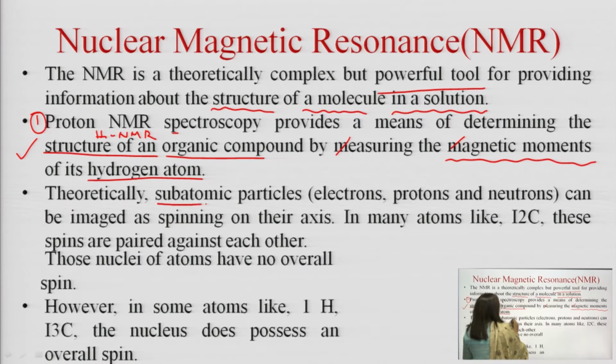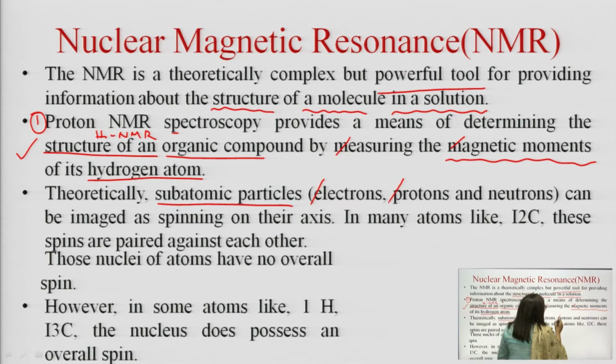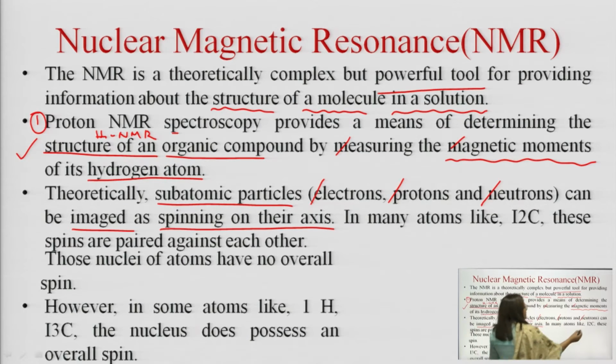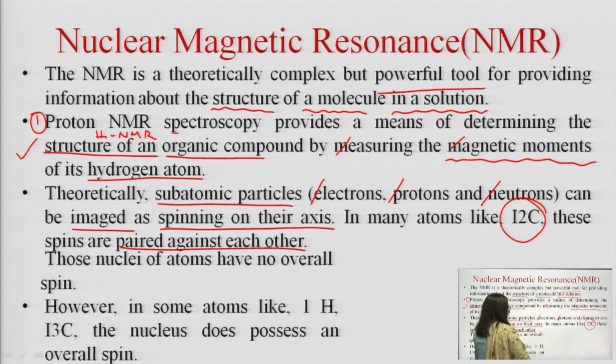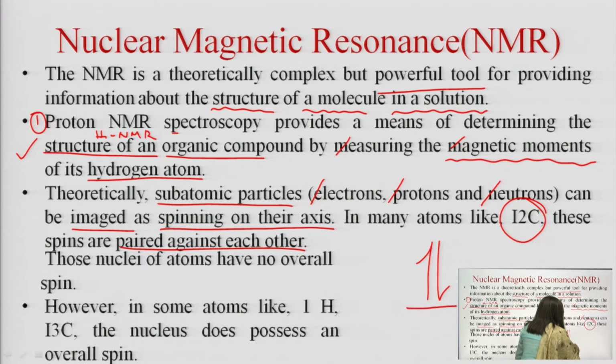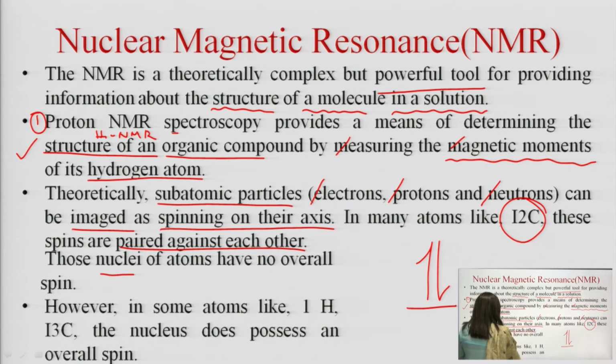Theoretically, subatomic particles like electrons, protons and neutrons can be imagined as spinning on their axis. In many atoms like carbon-12, these spins are paired against each other. What I mean to say is that in these C12 type atoms each particle is paired, so the nuclei have no overall spin.